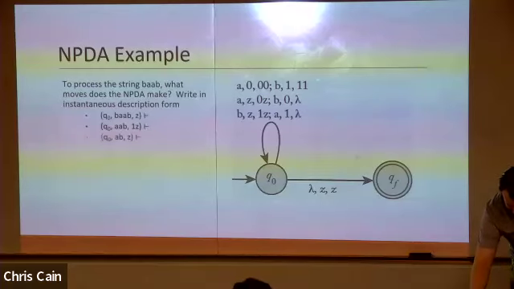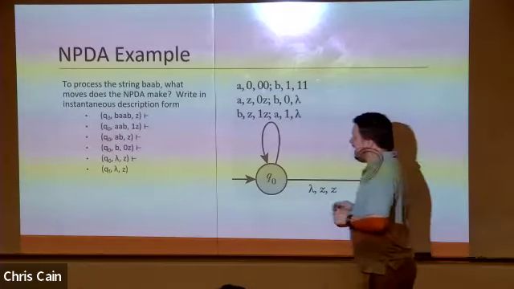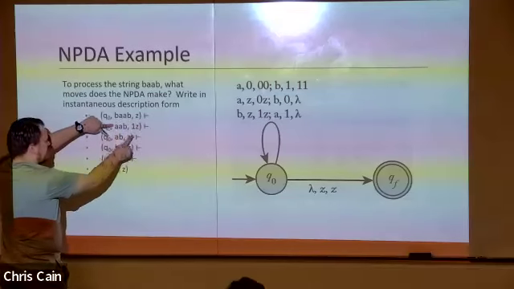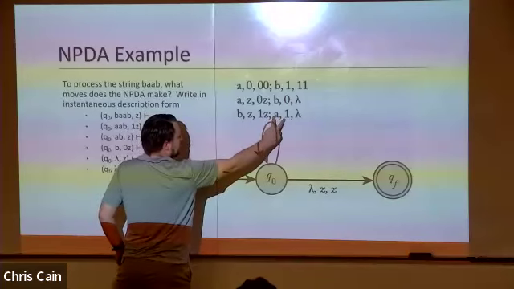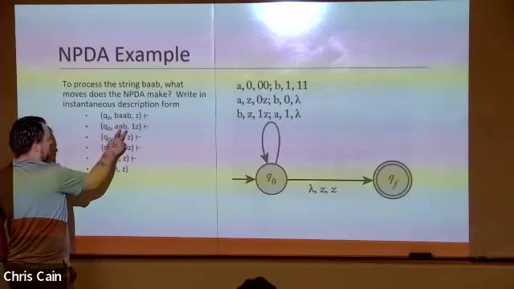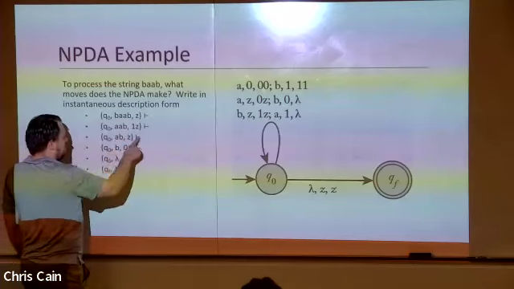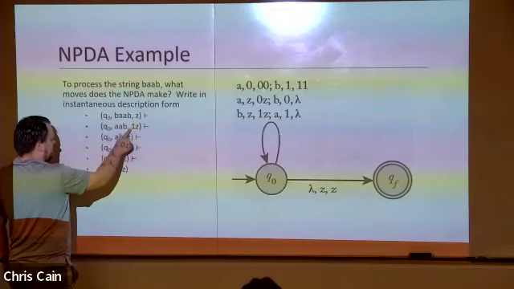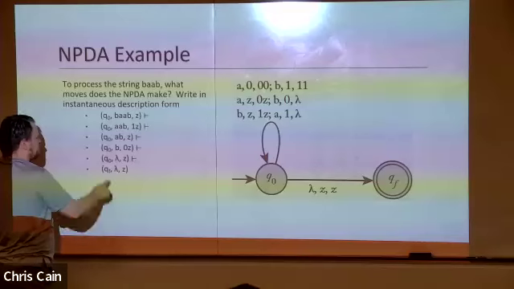Hopefully we got something like that. So we're going to read the A. When the top of stack character is a 1, we're in the A1 case, so we replace the 1 on the stack with a lambda. We successfully read the A, so what's left in the string is everything after that A. We have popped a 1 from the stack according to that rule, leaving just the bottom of the stack character. We're still in state Q0.